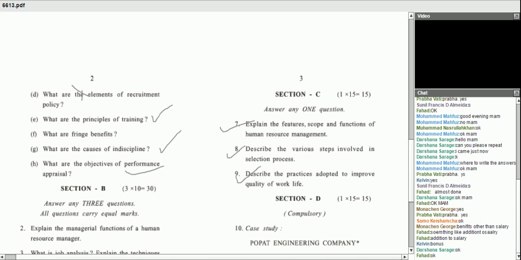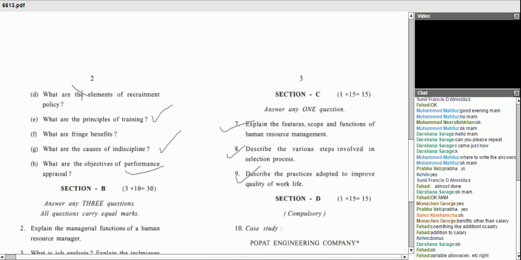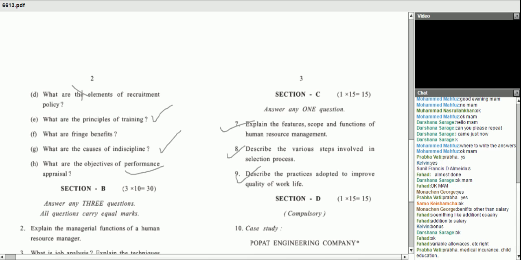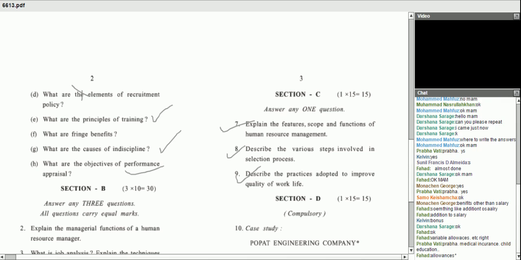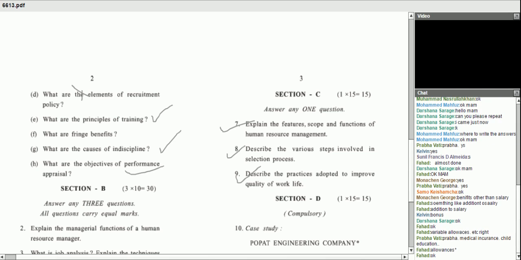So it encompasses a wide variety of benefits, right? Non-wage benefit, right? Fahad, it's like non-wage benefit. Medical insurance, allowances and all you get, okay? This holiday benefit and all, LFC and all. Okay?